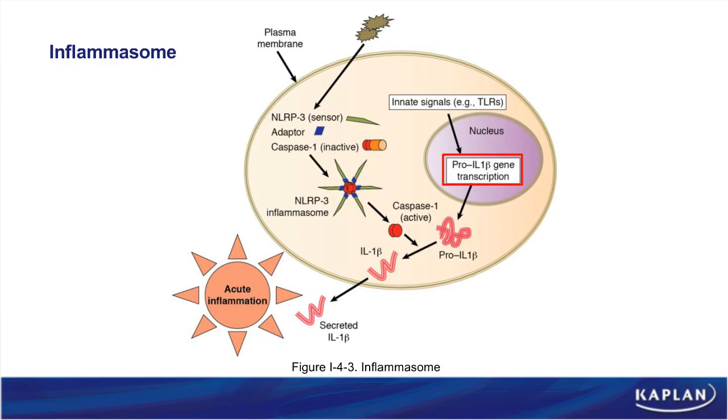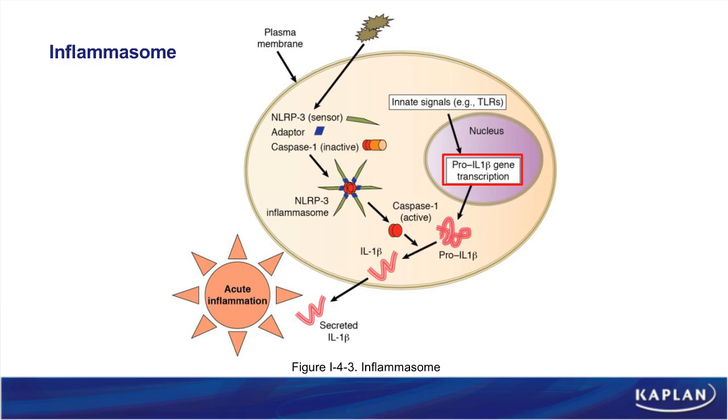Now, remember, if it's a pro form, it is not activated. So we need to be able to cleave the pro-IL-1 beta into its active form.